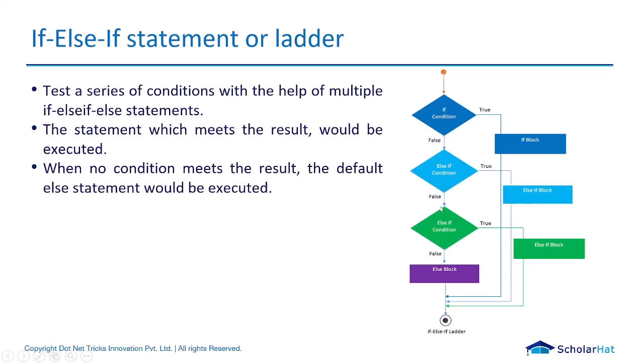If this is not, it will check for this one. Whichever is satisfied, that condition will be executed. When no condition meets the result, the default else statement would be executed. If none of the conditions are satisfied, then the else block at the last will be executed, because if these are all false, then else is going to be executed.